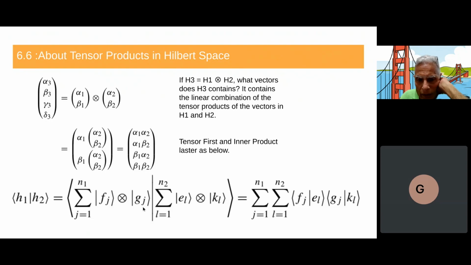So you can see that we are just removing that number and just saying that we are looking at this Fj and El in the dot product space or inner product space, and same way G and K we are looking at inner product space, with J running from 1 to n1 and L running.